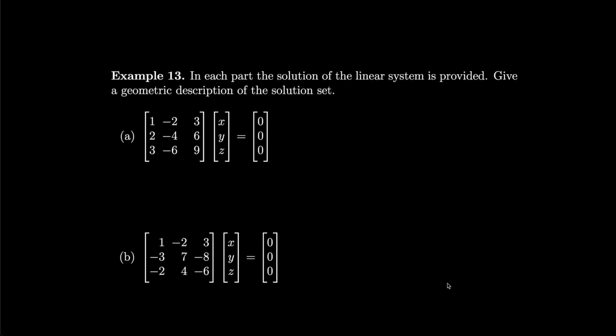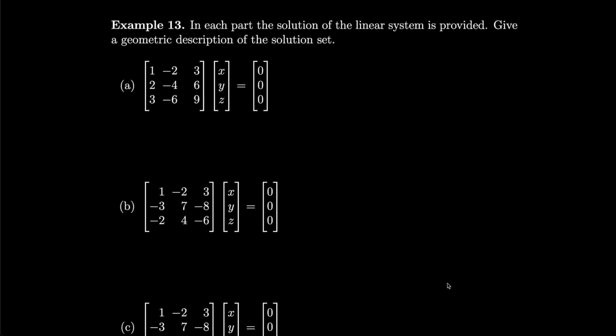In each part of the solution of the linear systems provided, let's give a geometric description of the solution set. Starting with the first one, notice that this is a scalar multiple of this. So pretty clearly we can write everything in terms of the top line.